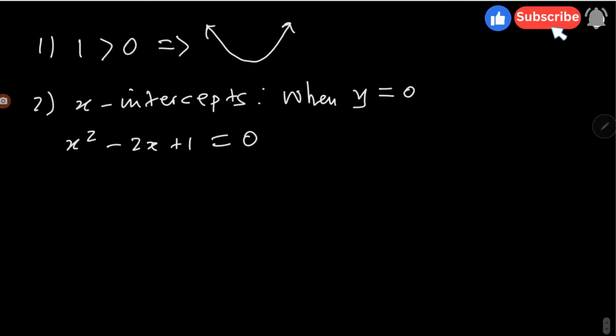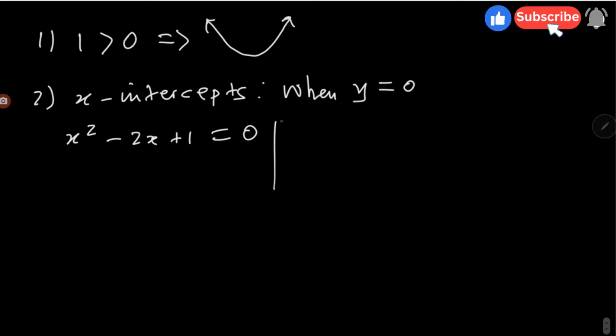If we factorize here, we have product as 1, sum as negative 2, and then our factors, we have 1, 1, negative, negative.